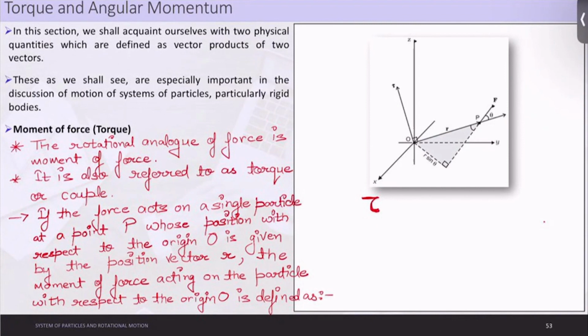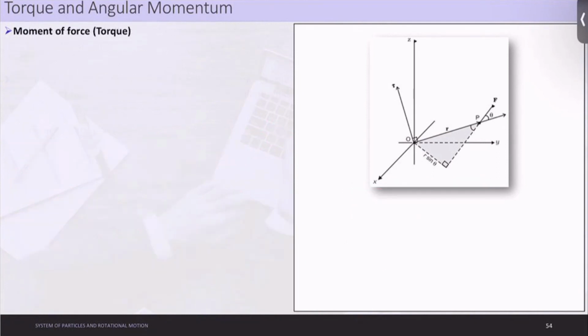Tau, that is torque, is equal to the vector product of R with F. This is your basic mathematical representation of moment of force, or torque. Here tau is a Greek symbol. So we finally got that torque tau is equal to R cross F.